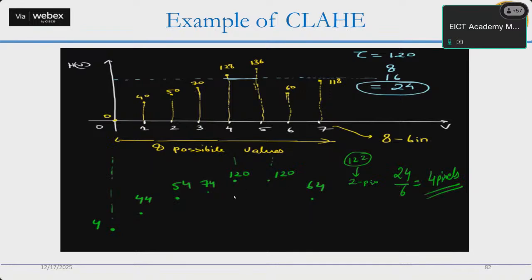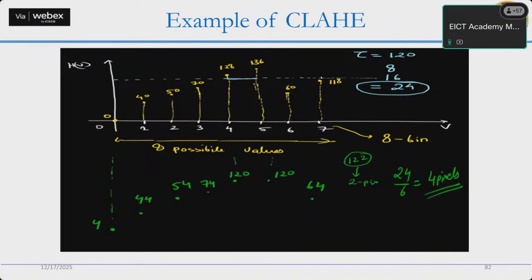Now what we are seeing here is that 120 is the threshold. It will add up at 118 and it will add up to 122. This 122 will be clipped because 120 is our threshold level.